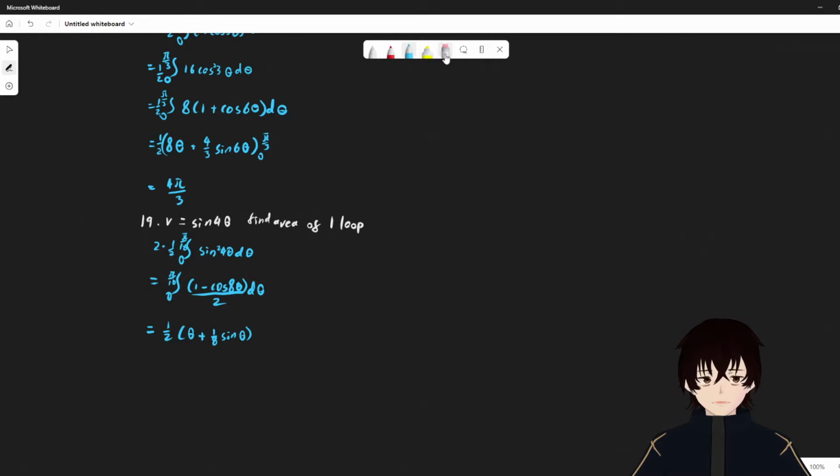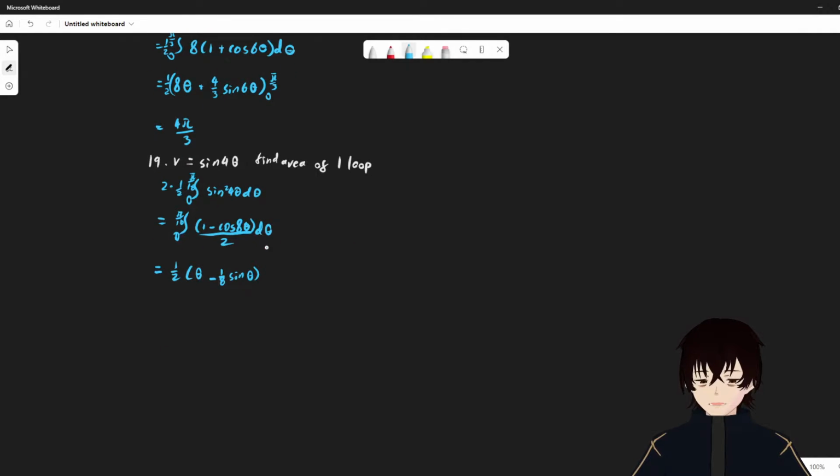Thank God, no. I'm confusing myself a little. Yeah, minus. And it goes from 0 to pi over 16. Also, that's sine 8 theta. My bad. Sine of 8 theta.